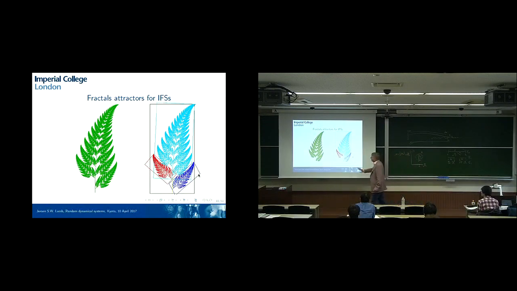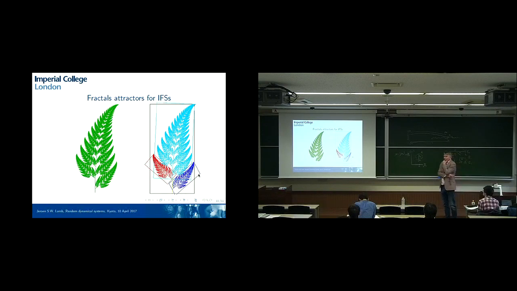Okay, so what's the interest in this? This is a picture that looks appealing. It looks like everyday life, and I tell you this is actually an object which is mathematically generated. And I can ask a question: how many pictures can I generate with such a procedure?